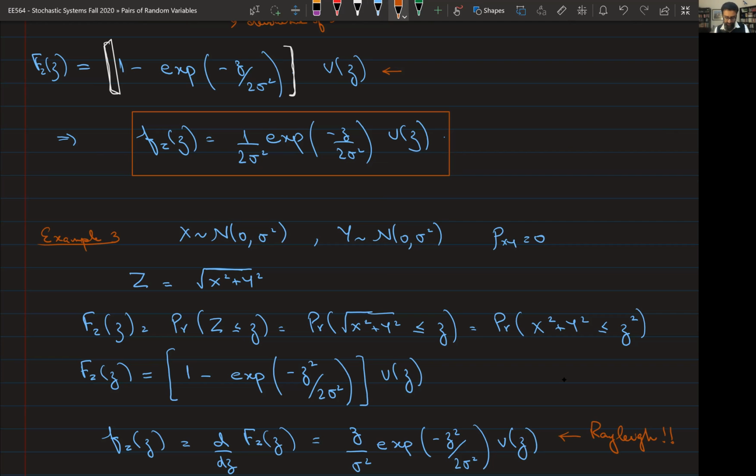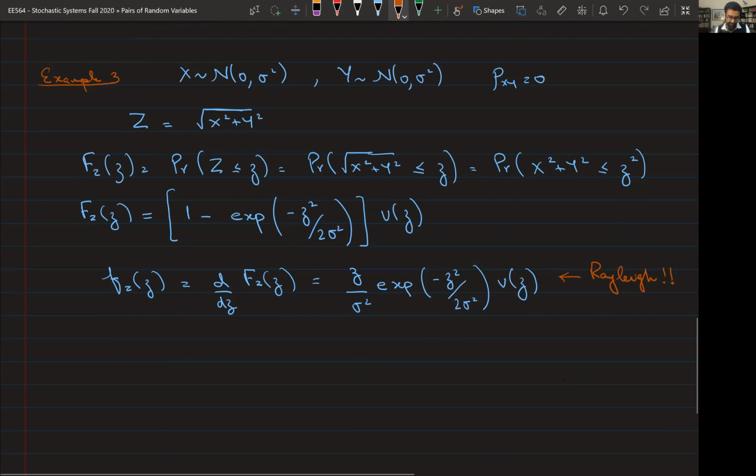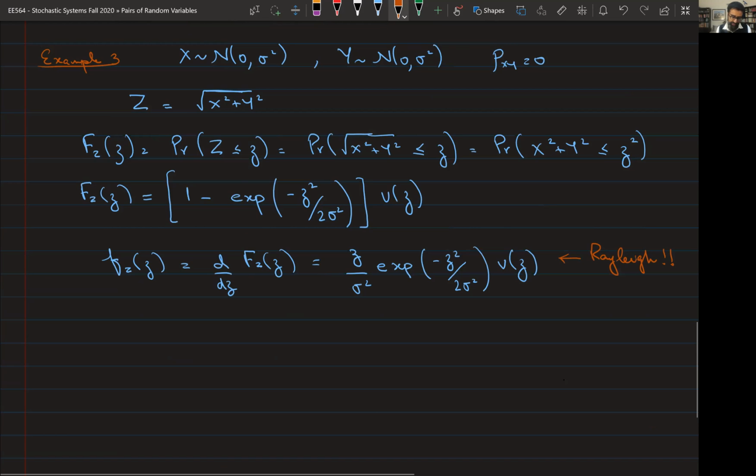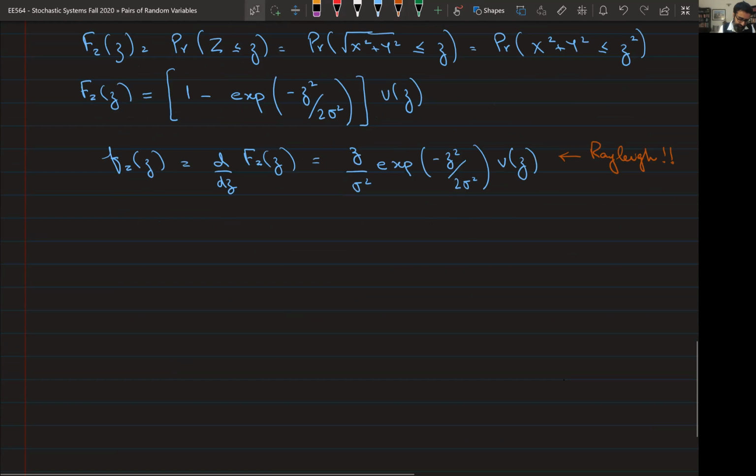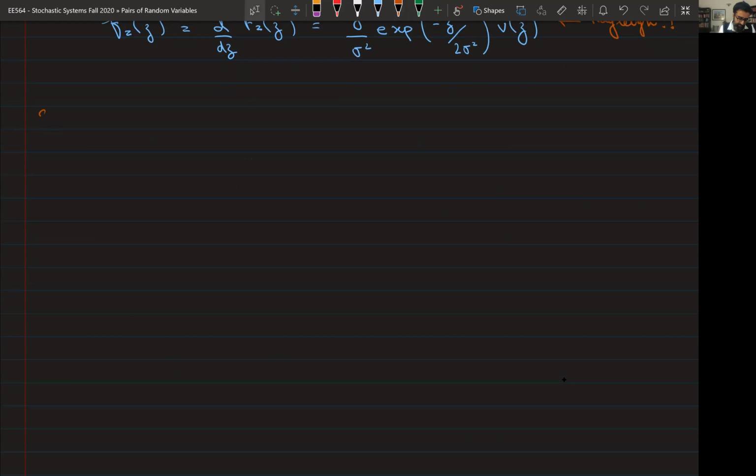Okay. So let me do an example 4 here, which once again is related to the same set of x and y. So once again, x is Gaussian, zero mean, variance sigma squared. Y is also Gaussian, zero mean, sigma squared, and rho xy equals 0.